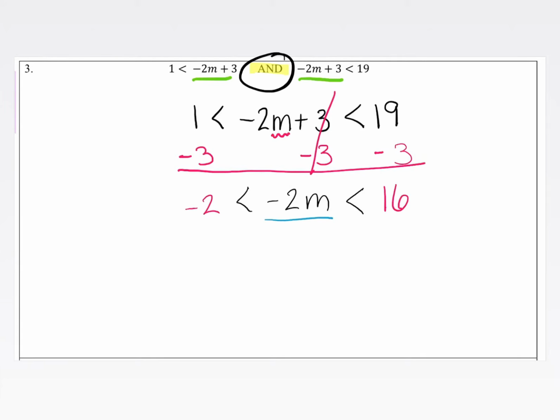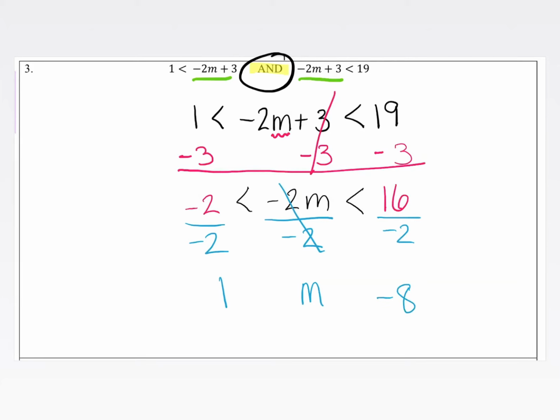I'm going to divide every side by that -2. Now here, notice how I'm dividing by a negative number. So when I simplify, -2 divided by -2 is 1. In the middle, I'm going to have my m. And 16 divided by -2 is -8.